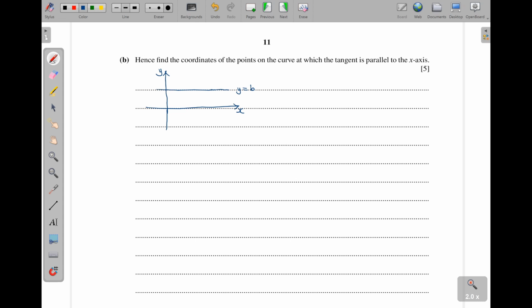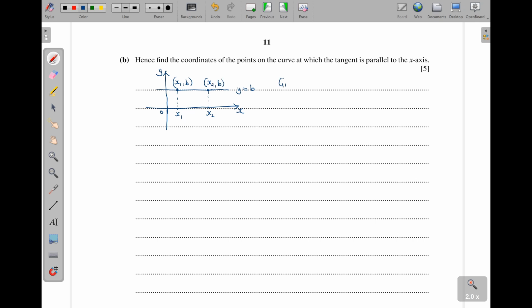You see that? Now, it has an x coordinate here. Let's say this is x1. Then the y coordinate is there. Let's say it is b, because I've put here b, okay? Then there is another x coordinate here, which is x2. So we are going to have x2 here and b.